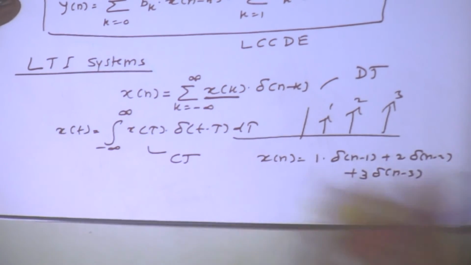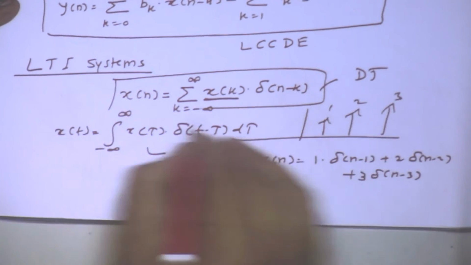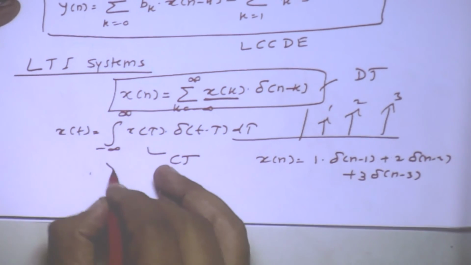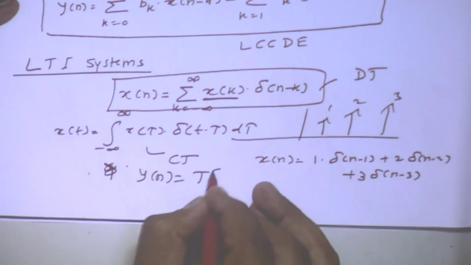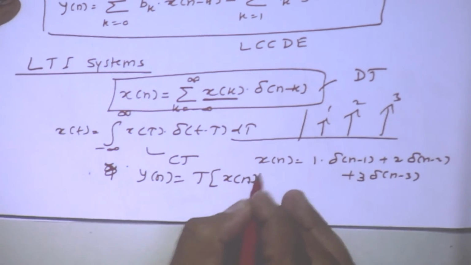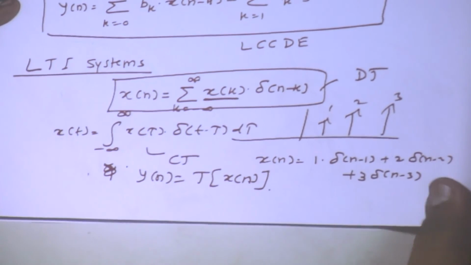Now, to this equation, we apply y[n] equal to a transformation applied on x[n]. Now define this transformation to be linear.